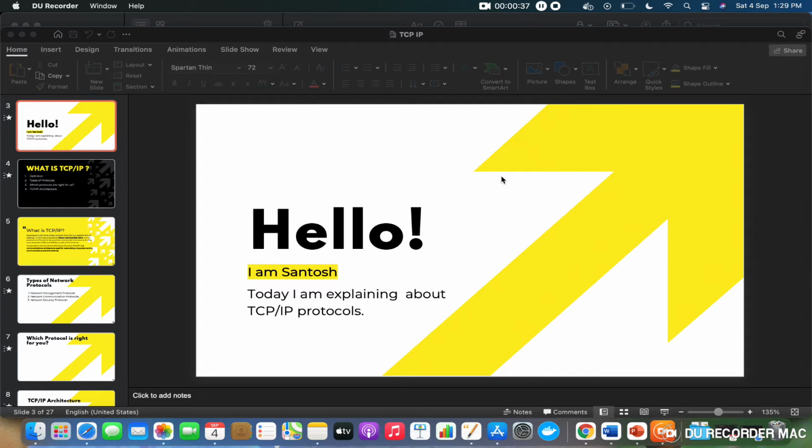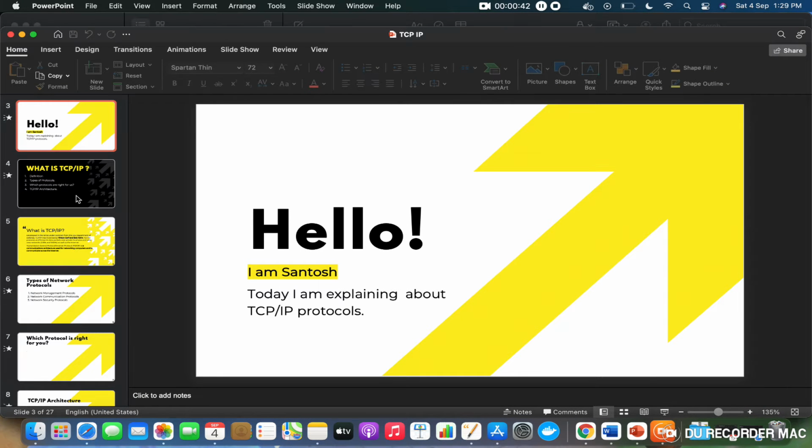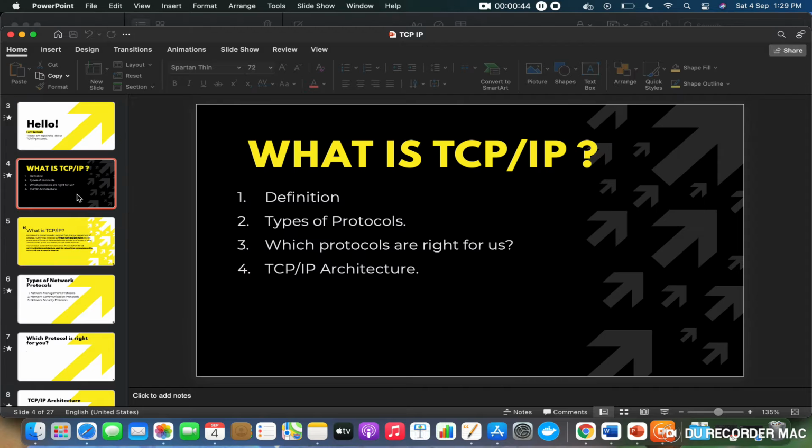Now before we go into TCP/IP, I would like to tell you the definition of TCP/IP also. TCP/IP is one of the most widely used protocols, and it is a layer in which functions perform.